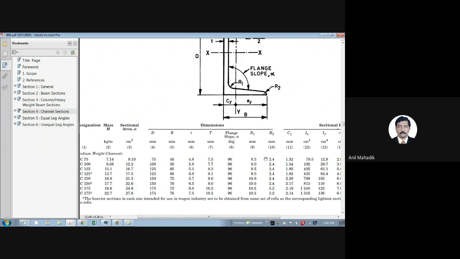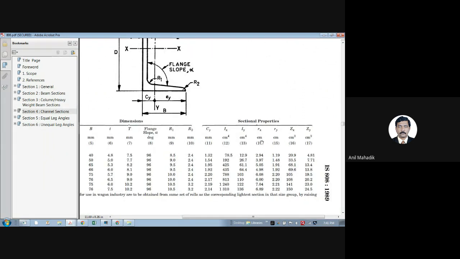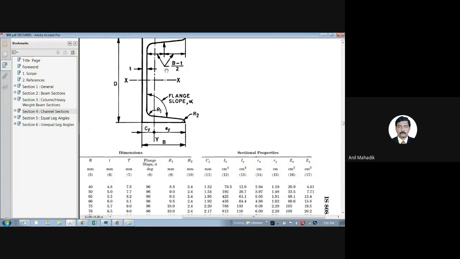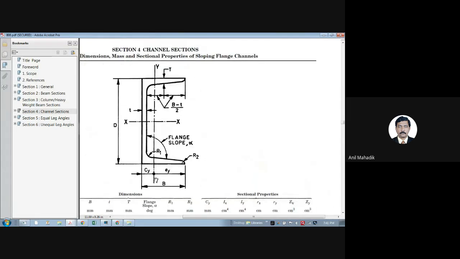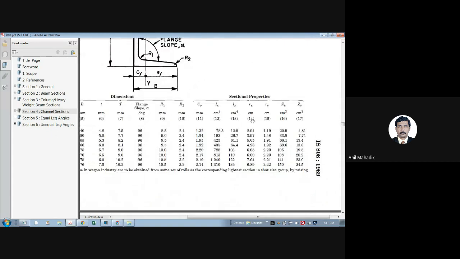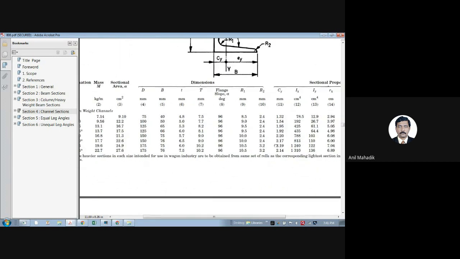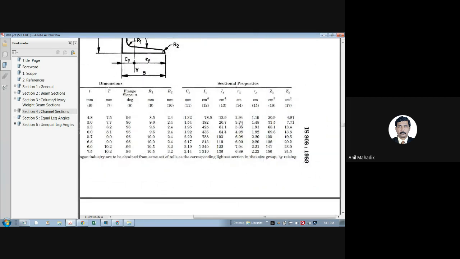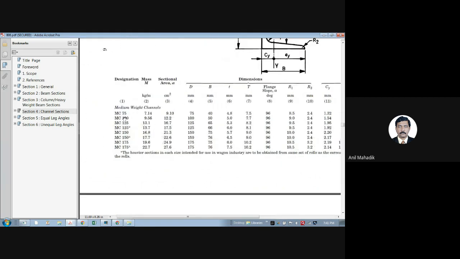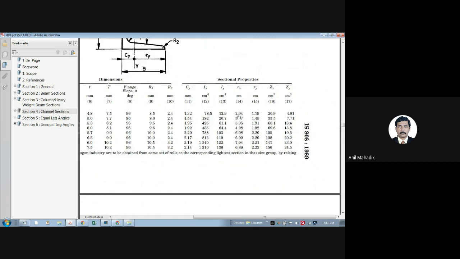Everything is given here. And here you will see other parameters like Ix, moment of inertia about the x-axis, then Iy, moment of inertia about the y-axis. And there is Rx and Ry, which means radius of gyrations. Here, Rx for channel MC75 is 2.94 and Ry is 1.19.